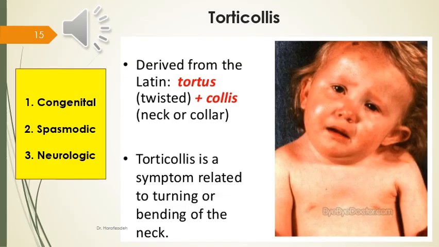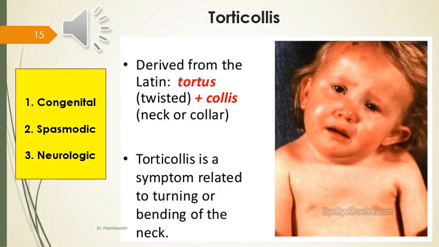One of the important clinical conditions is torticollis. In fact, it involves the sternocleidomastoid muscle. On one side, the muscle undergoes continuous contraction. This may have various causes.